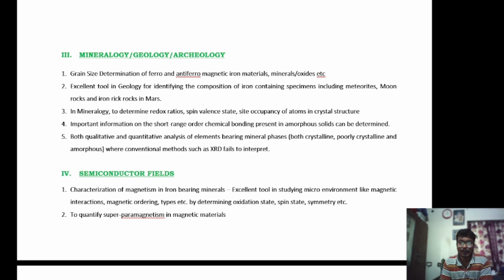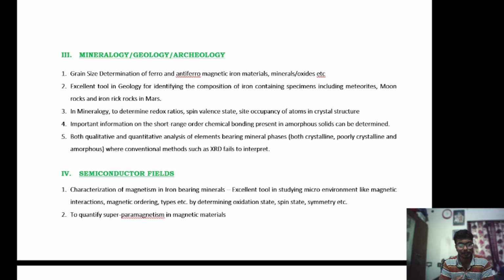This is one of the important points to note down. MÖSSBAUER spectroscopy is not that familiar, but it is used as a reliable technique. If the conventional methods such as single crystal X-ray fail to interpret certain compounds, just like amorphous, poorly crystalline phases, etc.